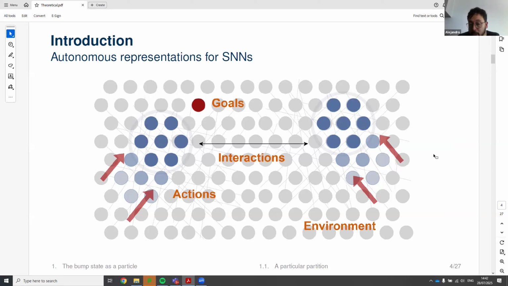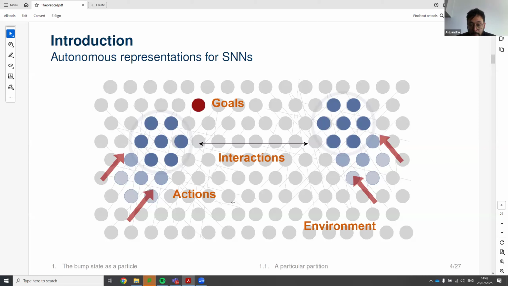I guess we will start with a substrate, which will have neurons connected to each other in a structured manner. This substrate should allow some sort of pattern formation, which will allow this kind of representation to emerge. The representation should also have a particular partition, in the sense that it should have something internal, something external, and something like a Markov blanket.